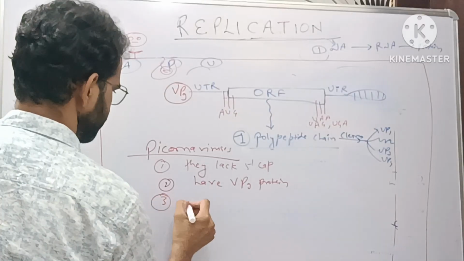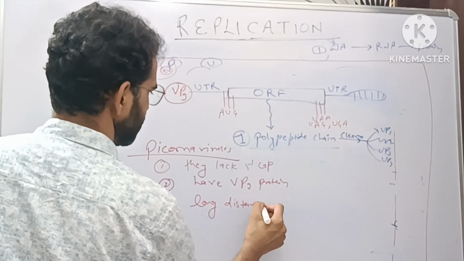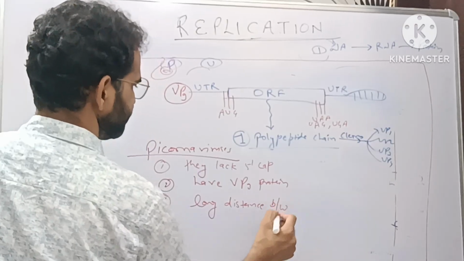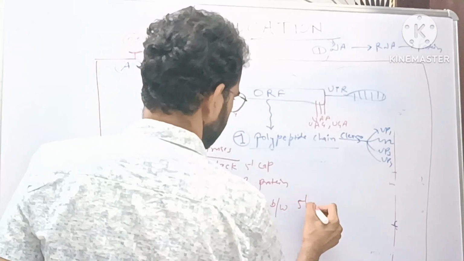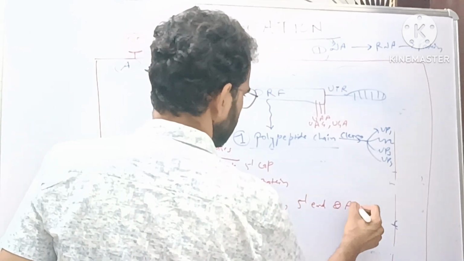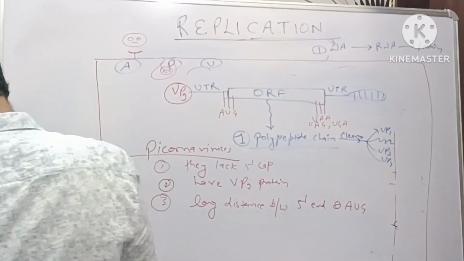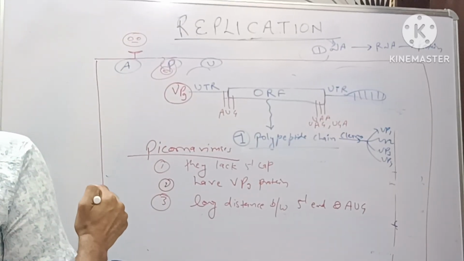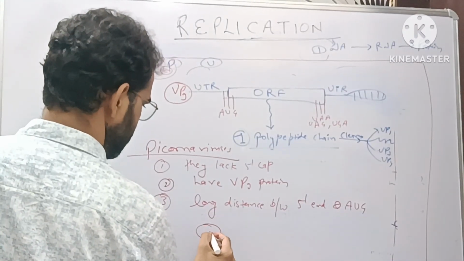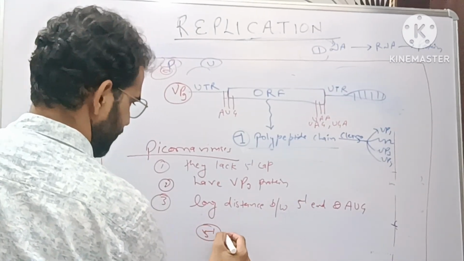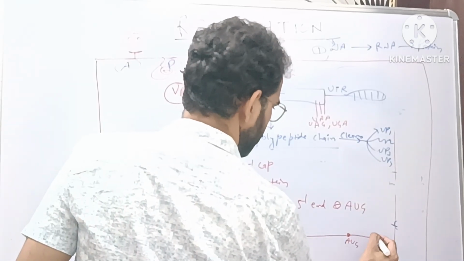Number 3, a long distance between the 5 prime end and the AUG. Between the 5 prime end and the first starting codon, there is a long distance. Suppose this is the 5 prime end and here is the starting codon.